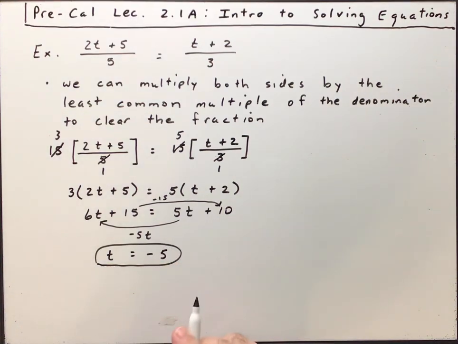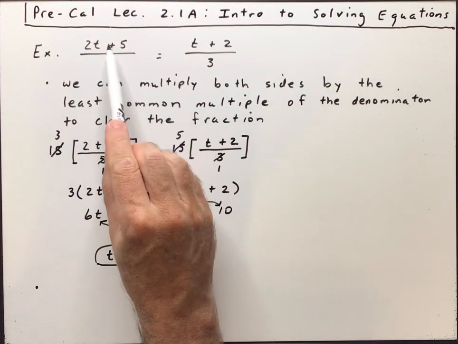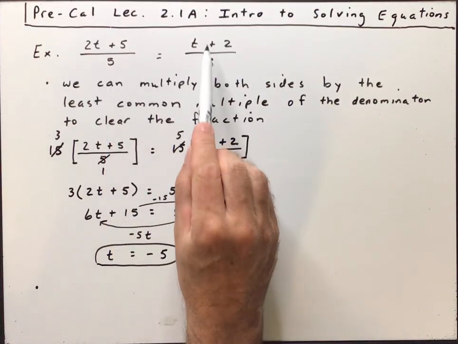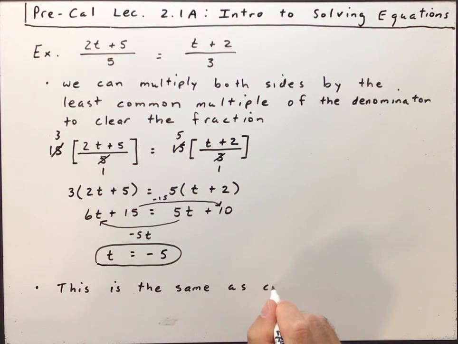But there's a kind of a quicker way to do this. It especially works with a situation here where you have a singular fraction on the left and a singular fraction on the right. This is the same as cross multiplying.